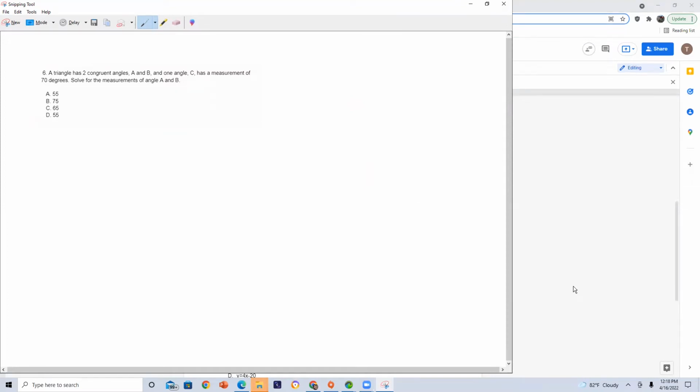So what you want to do here is you want to know that A plus B plus C is equal to 180. And just wanted to state something: when it says solve for the measurements of angle A and B, it's basically saying that angle A and B are congruent, so they have the same angle, but it doesn't want them added. It just wants them individual. Yeah, educator 1 is correct.